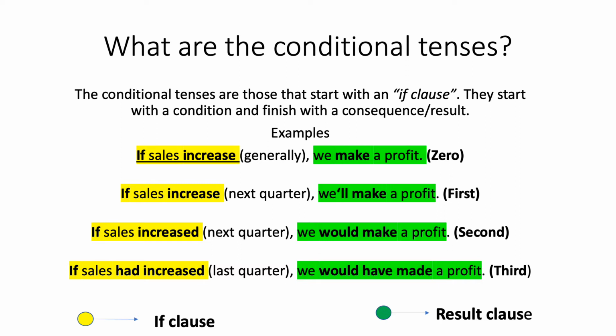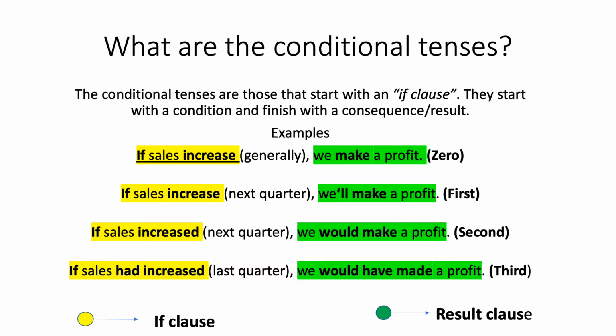Here the meaning of the conditional is general. Why? Because we are expressing a general truth, and I'm going to explain each type apart. The meaning is general, as I've said, because this is a zero conditional.